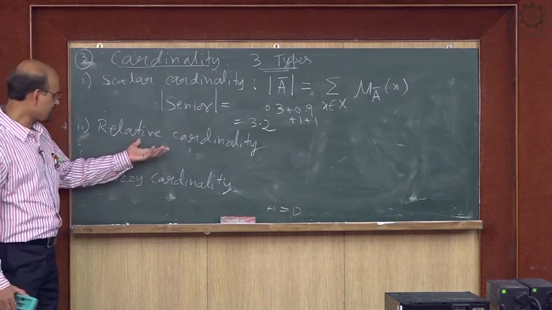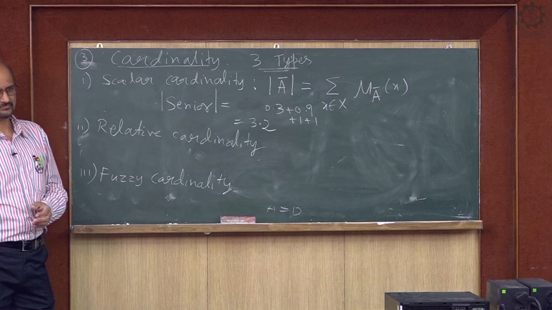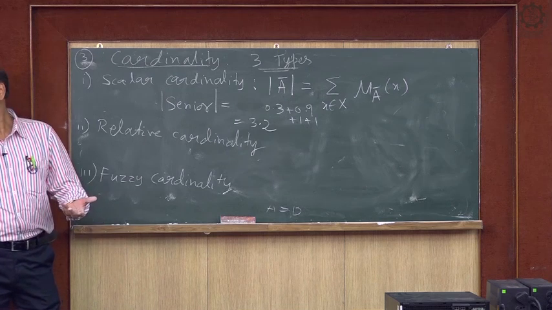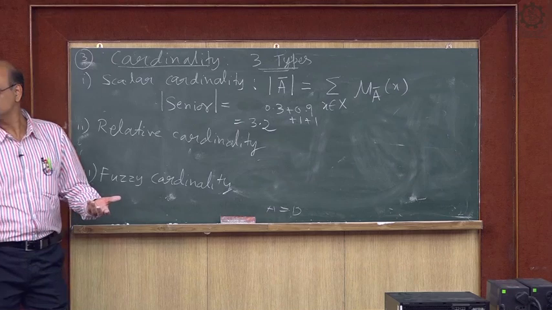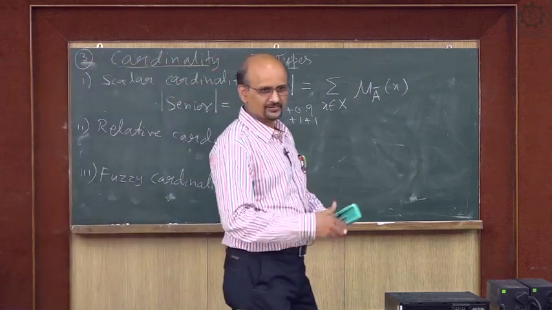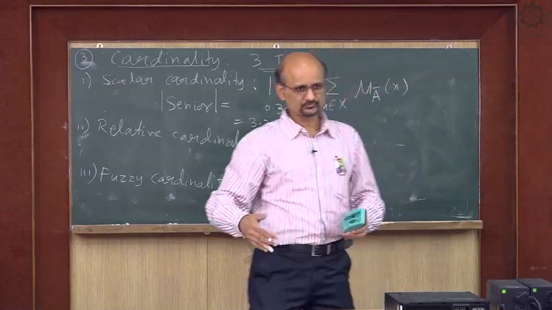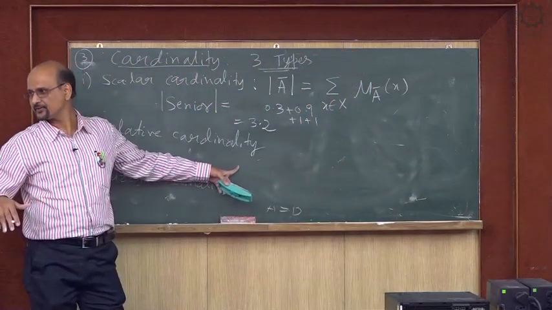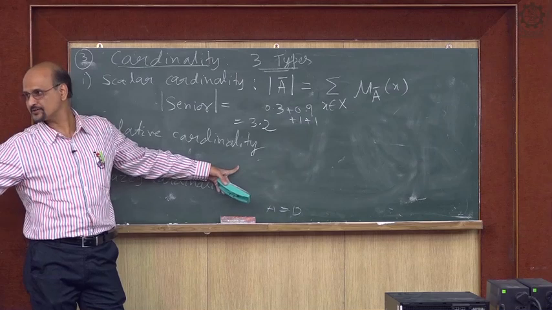Now, come to the relative cardinality. Relative, as we do for relative error. How you find relative error? Relative error is true minus exact by true. So, like that there should be some division, relatively with respect to something.